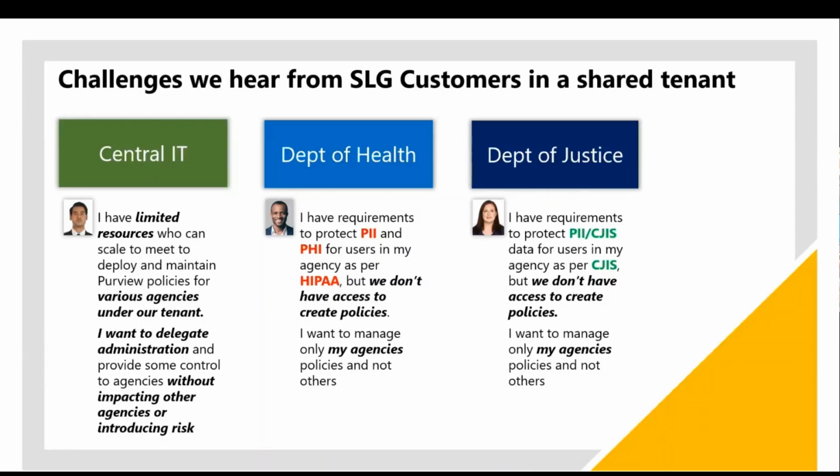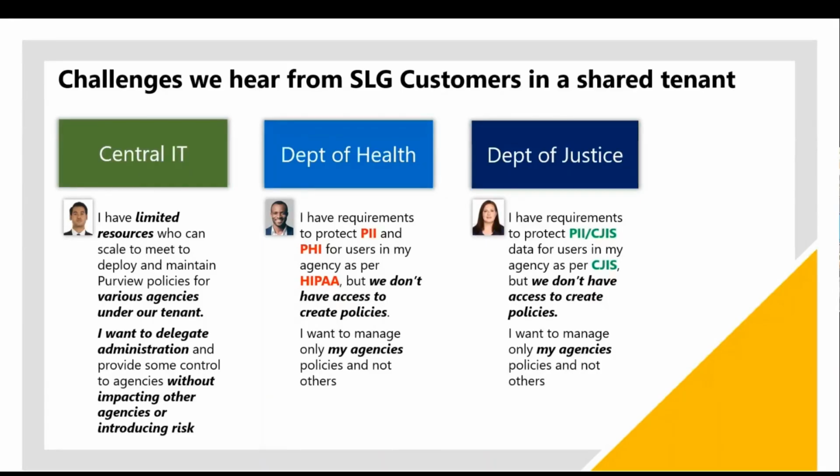Now, on the other side, from the agency perspective, many times they have their own IT department, their own security team, and they have to put guardrails around regulated data. This could be things like HIPAA data, CJIS data.